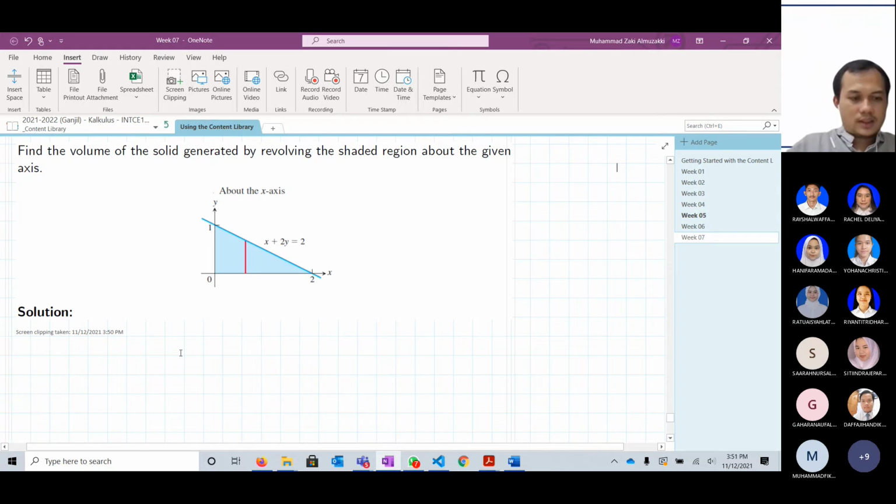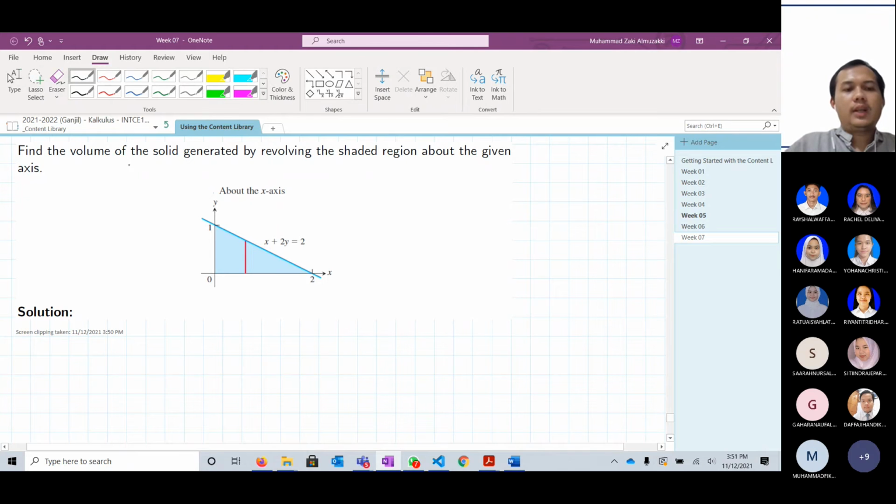Now let's work on this second problem. Find the volume of the solid generated by revolving the shaded region about the given axis. Here, about the x-axis. So the volume is simply the integral from 0 to 2 of pi times r squared.